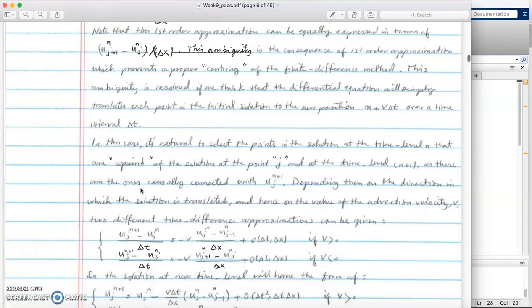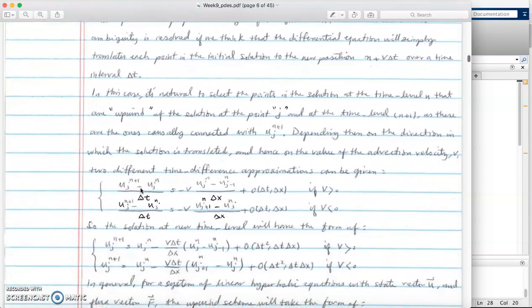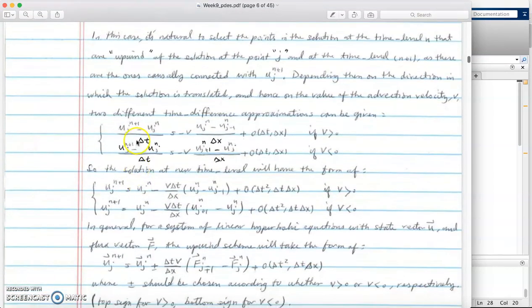Basically, if we discretize our differential equation using forward in time, where n is the index for the time, that is equal to the negative v times the derivative with respect to x. Now, the upper equation here is backward in space, because we're looking at j minus 1, where j is the index for the spatial coordinates.